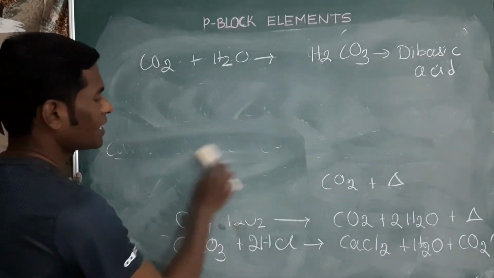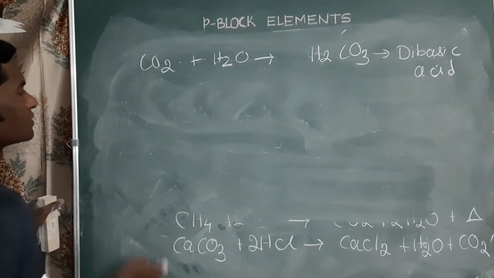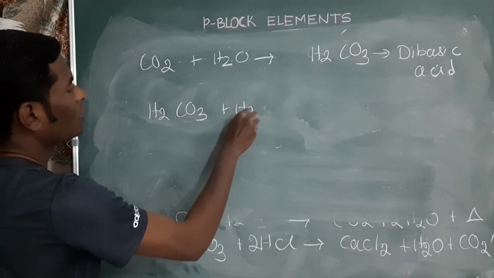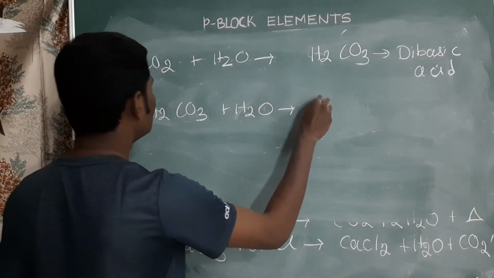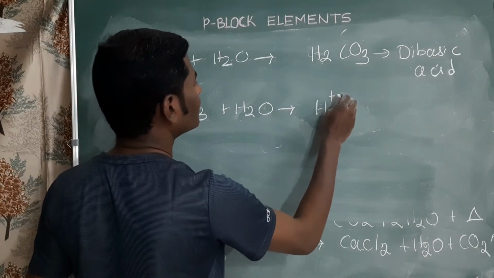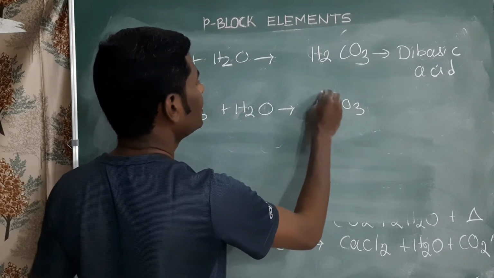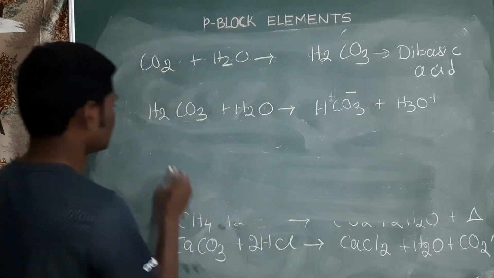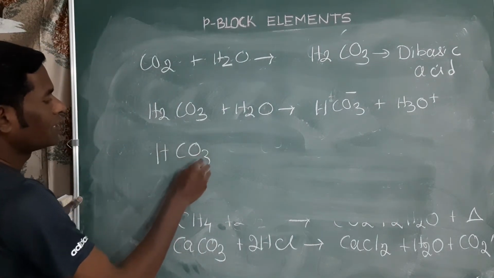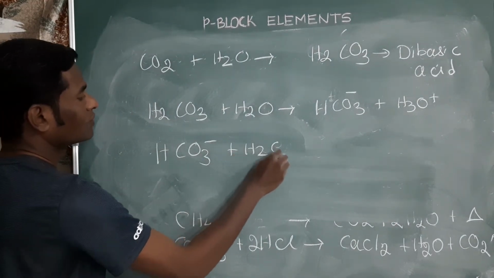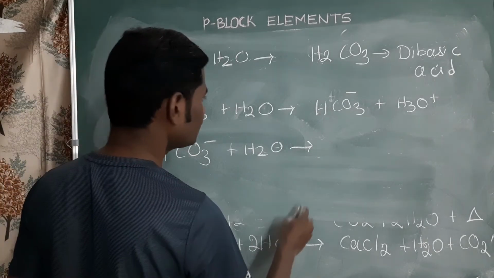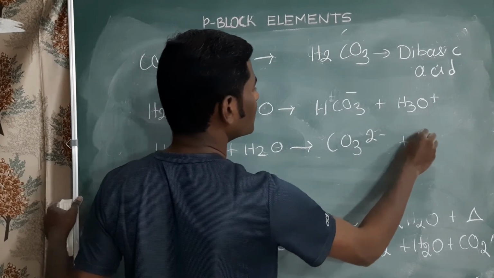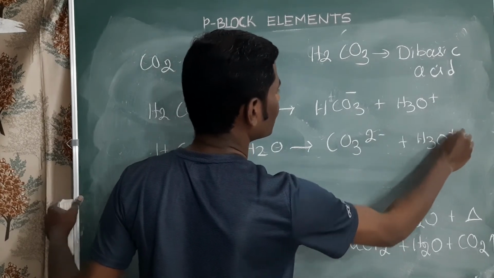This carbonic acid is ionized like this: H2CO3 in the presence of water forms hydronium ion and HCO3 minus. This bicarbonate ion can release one more proton, so it becomes CO3 2 minus plus hydronium ion.